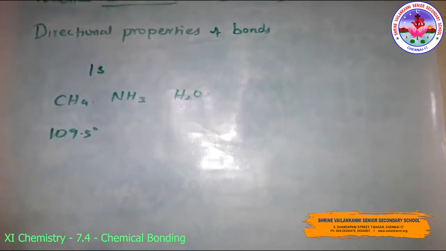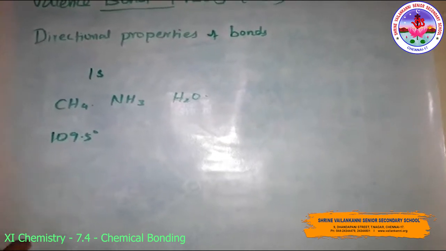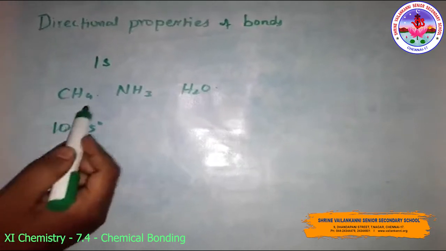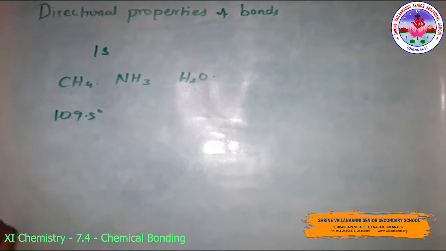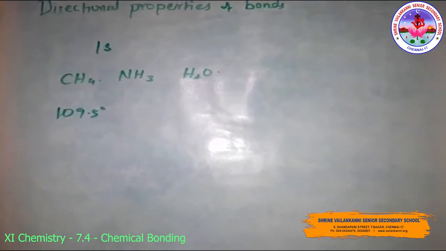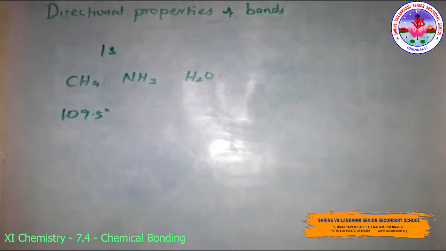Here the valence bond theory explains the shape and the directional properties of the bonds of polyatomic molecules like methane, ammonia, water molecule, in terms of the overlap and the hybridization of the atomic orbitals. This valence bond theory helps to predict the shape of the molecule.